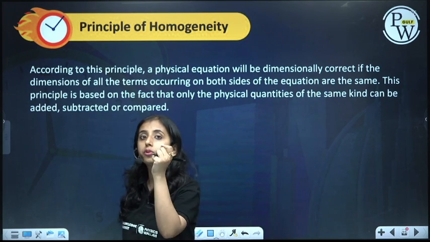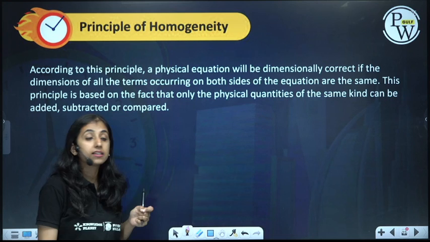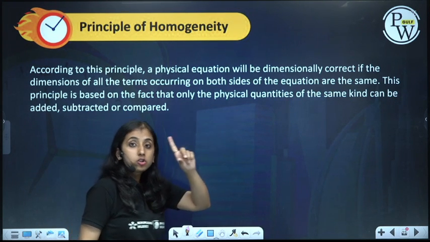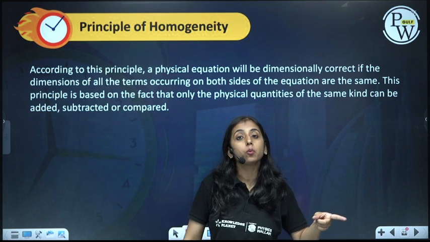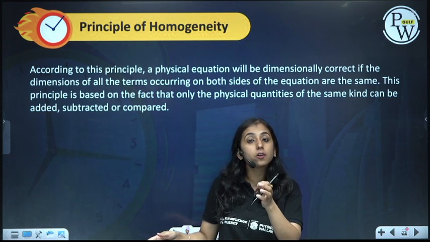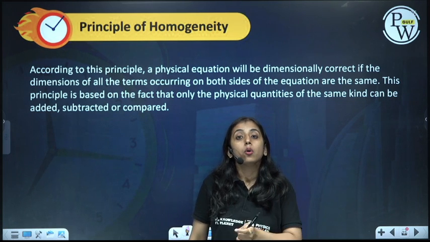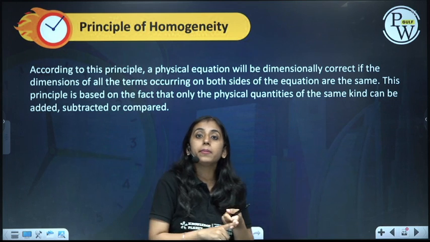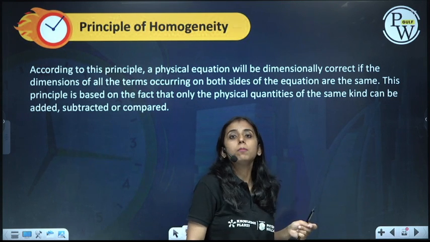This is what the principle of homogeneity says: the dimensions on the right hand side of an equation must be equal to the dimensions on the left hand side, and only dimensionally same quantities can be added or subtracted from each other.